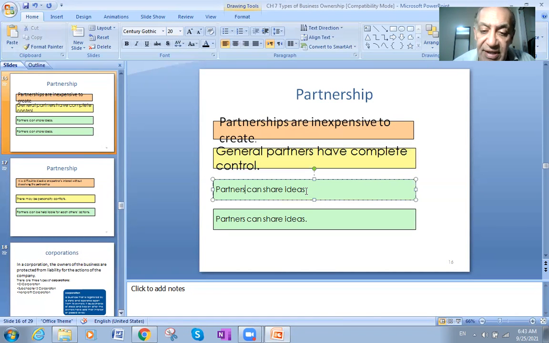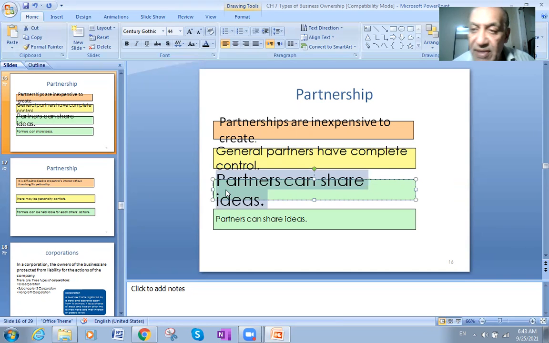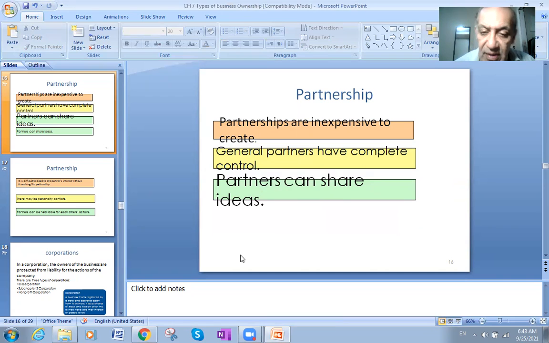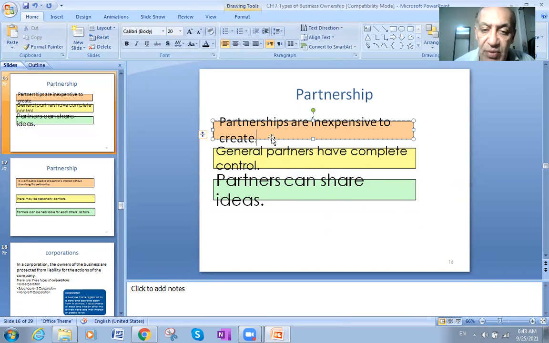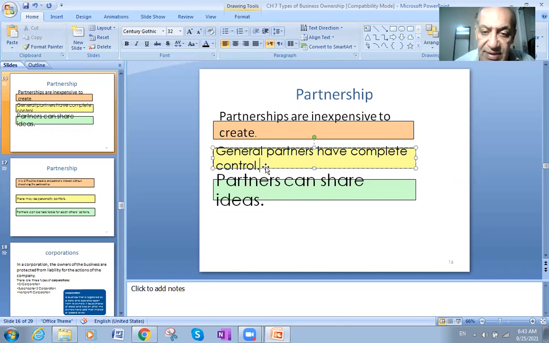Partners can share ideas. We have 4 or 5 persons, like brainstorming. They can make more ideas and improve decisions. So this is how it works.